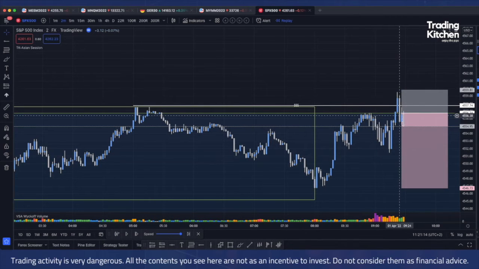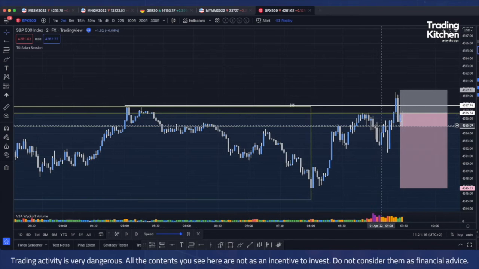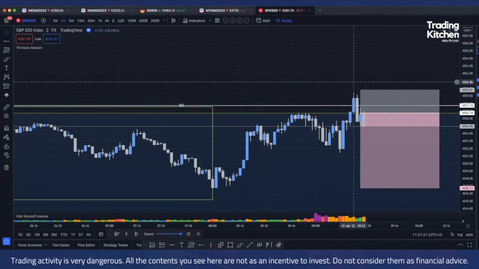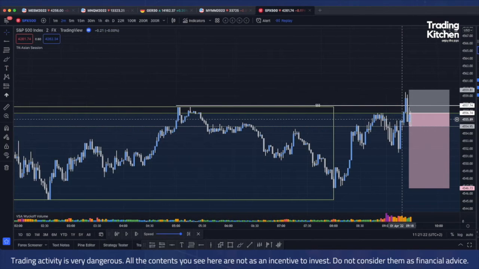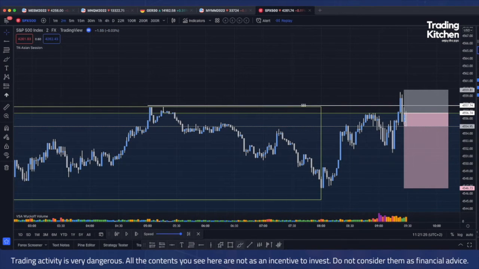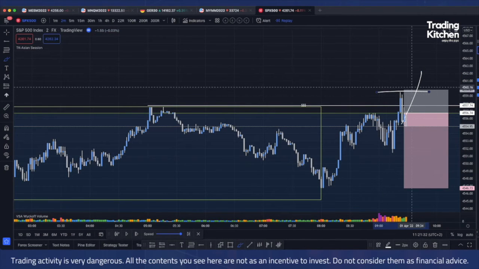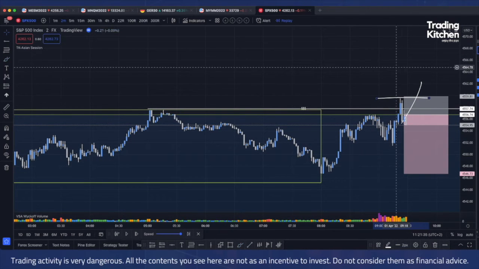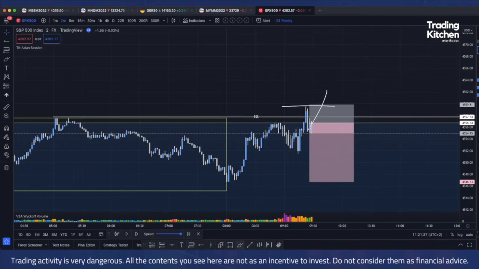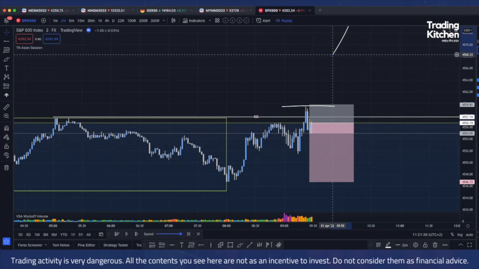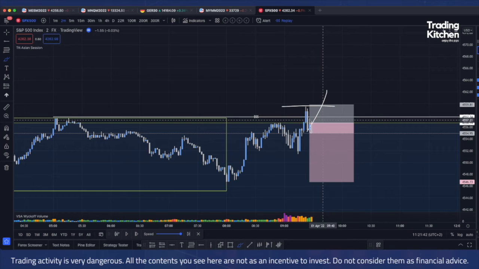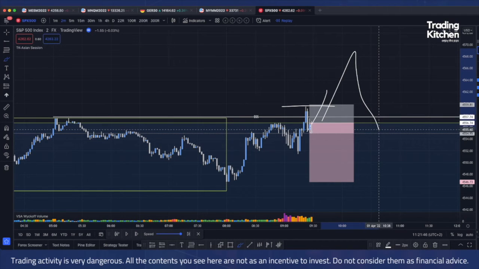engulfing retest on the inefficiency here, okay, and then price is going probably down, or if price will hit my stop loss and break this high, means that probably for the London session the price, okay, is going up, is moving up, and then we can find a new trade on the retest, on the retracement here inside the volume area to go then long.